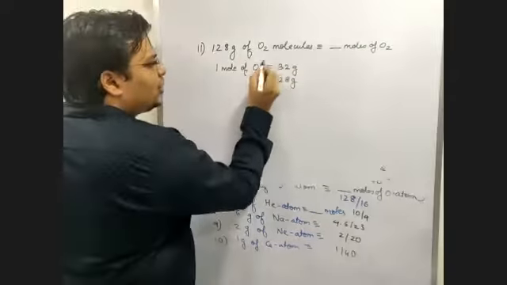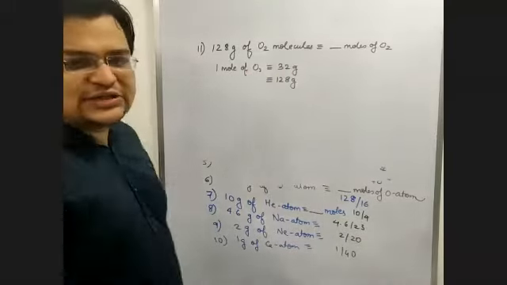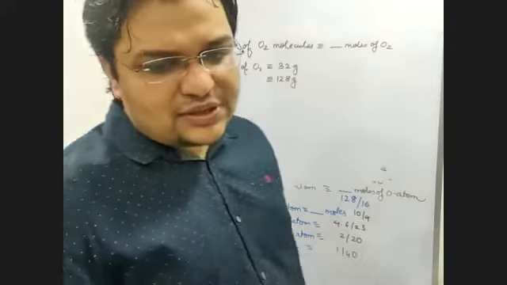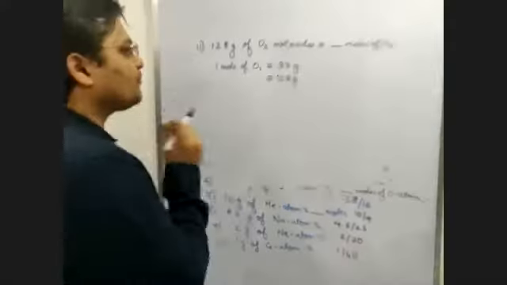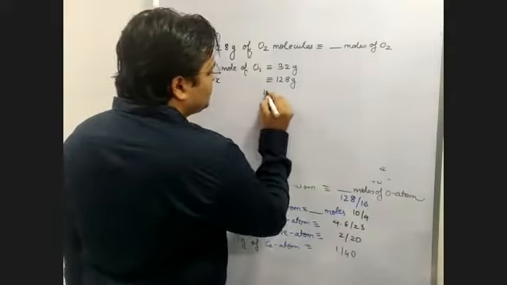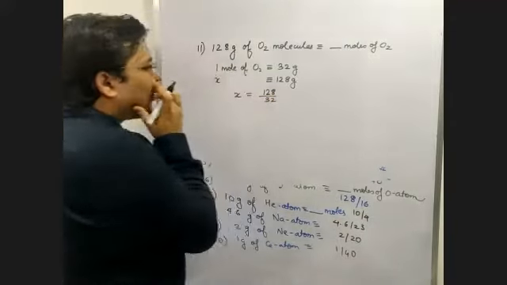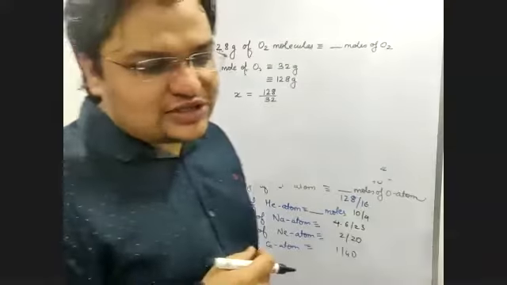See, this is a molecule, hence I've written 32 grams. 16 grams is the atomic mass. 32 is going to be the molecular mass. Hence the answer is 128 by 32, which is 4 moles.